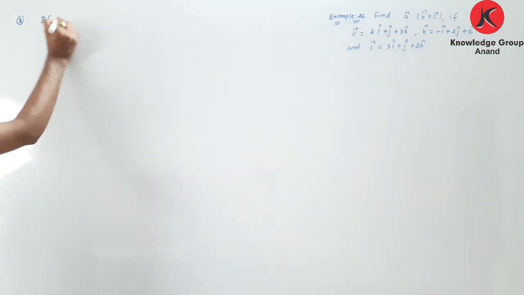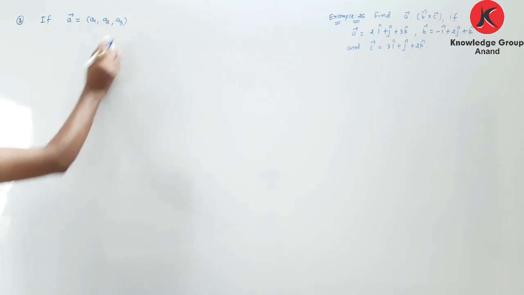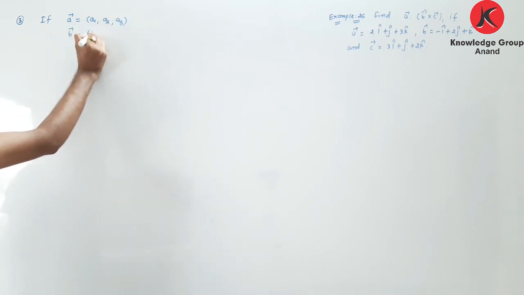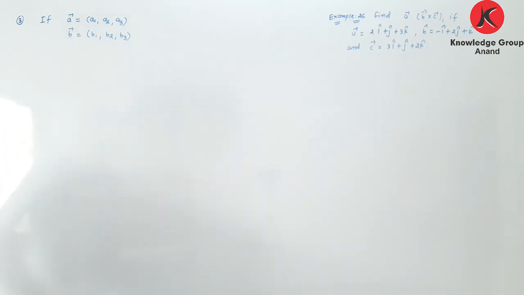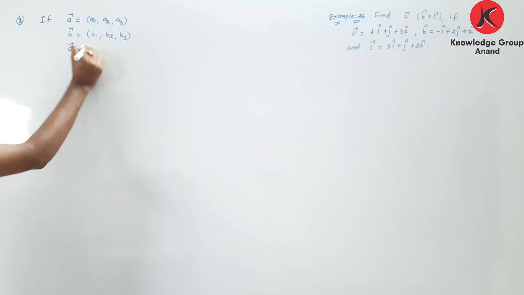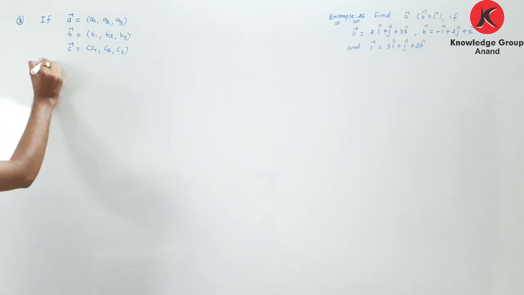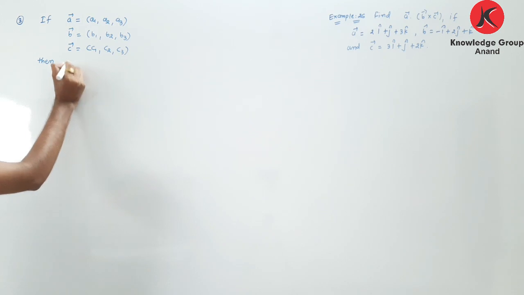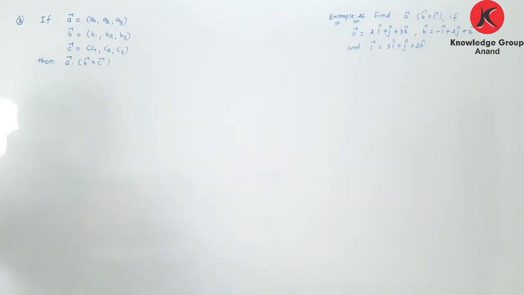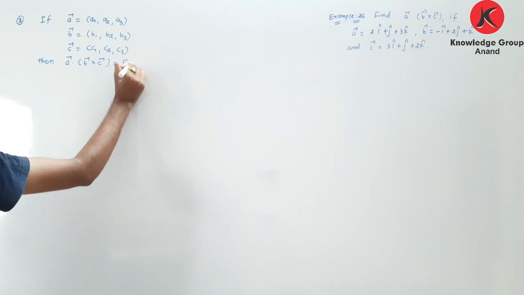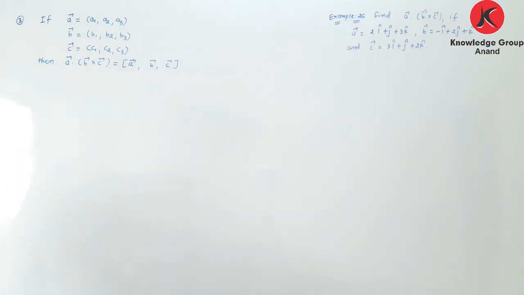If vector A equals a1 i cap, a2 j cap, a3 k cap, vector B equals b1 i cap, b2 j cap, b3 k cap, and vector C equals c1 i cap, c2 j cap and c3 k cap, then the scalar triple product or box product of a bar, b bar and c bar is denoted as a bar dot b bar cross c bar, which equals a bar, b bar and c bar. You can put commas in between or not, either is fine.